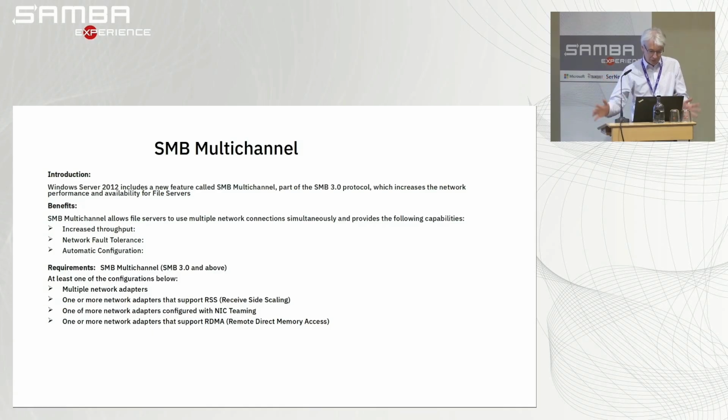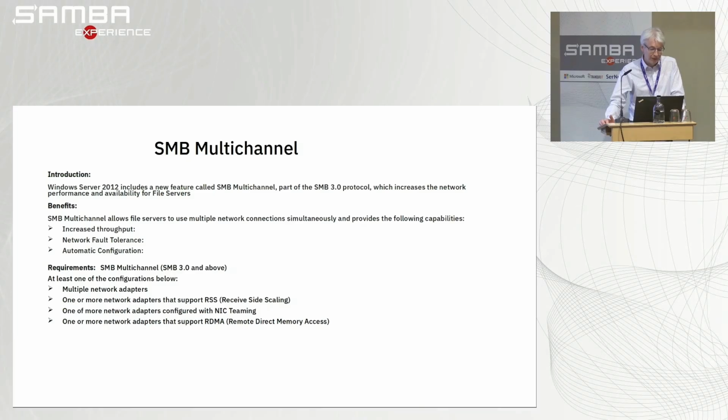It's meant to use multiple network interfaces and network connections. I'm separating the two because there are the actual network interfaces and the TCP channels. The idea is increased throughput and even fault tolerance, and it's meant to be auto-configuring.